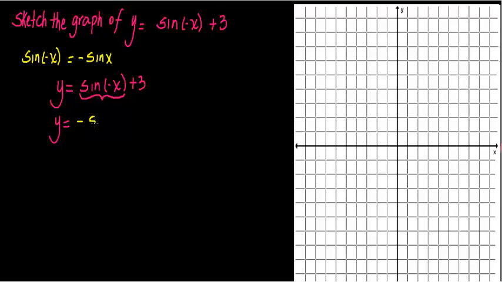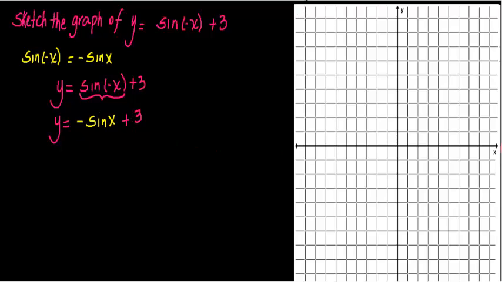It's negative sine of x according to my identity rule, plus 3. Okay? And now this is my sine function reflected across the x-axis and then moving up 3 units.